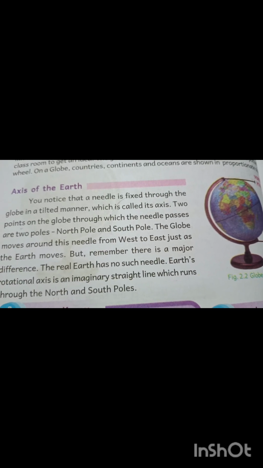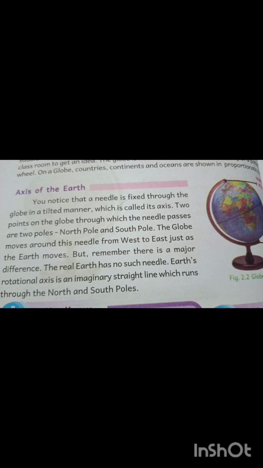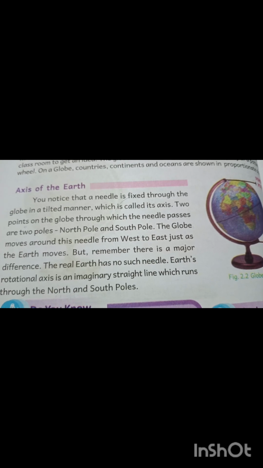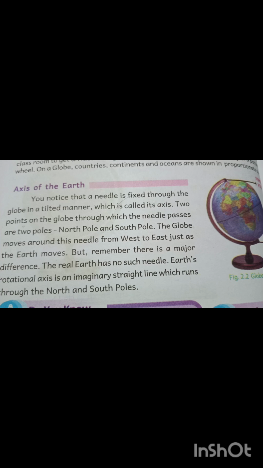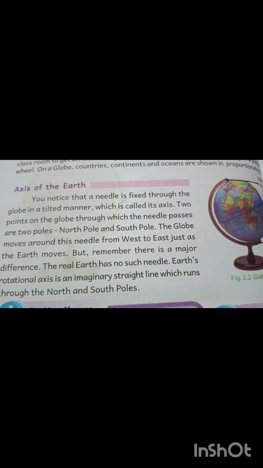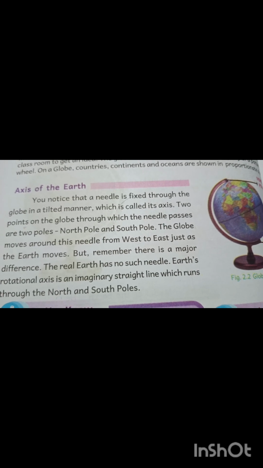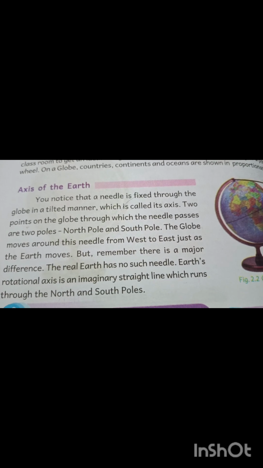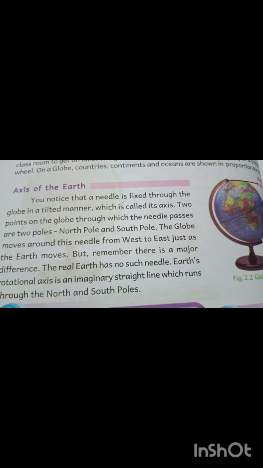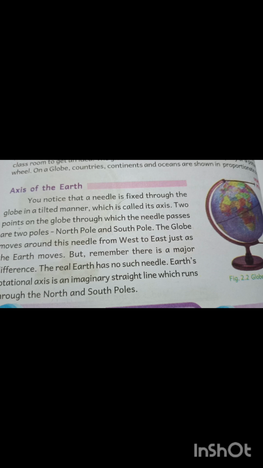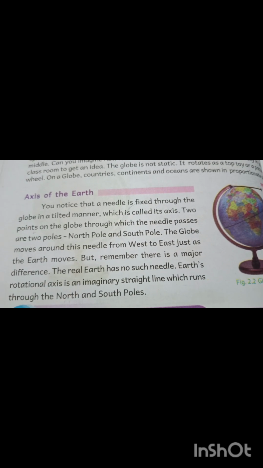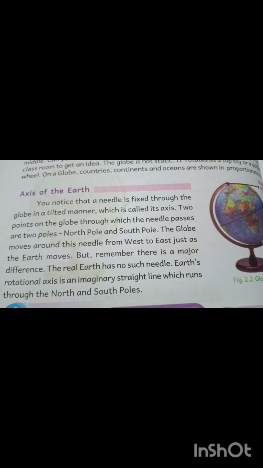The globe moves around this needle from west to east just as the earth moves. But remember, there is a major difference. The real earth has no such needle. Earth's rotational axis is an imaginary straight line which runs through the north and south pole.